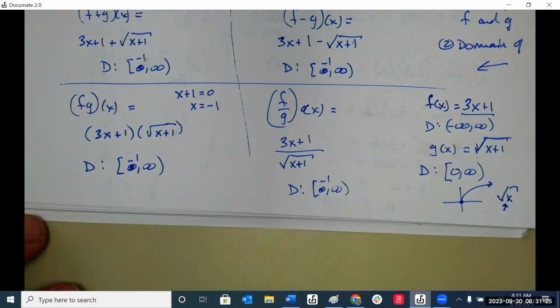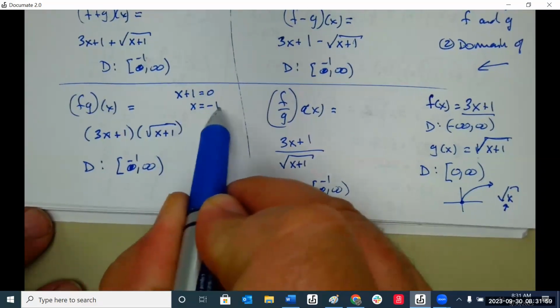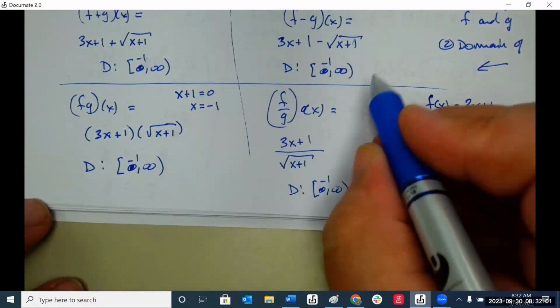But in the fourth one, there's another thing we can't use. Okay, so this is a general one. What's another rule about fractions we can't have? No, negative. You can always divide by positive. What's between negative and positive? 0. You can't divide by 0. It's undefined. So when x equals -1, it makes the bottom equal 0.